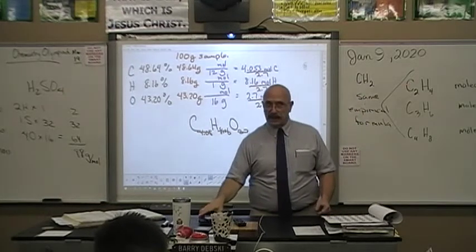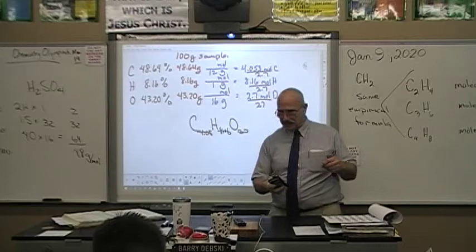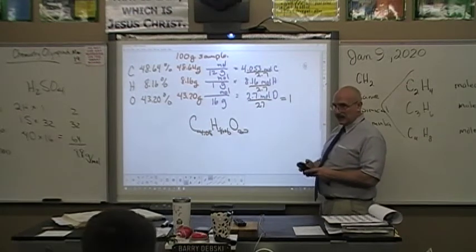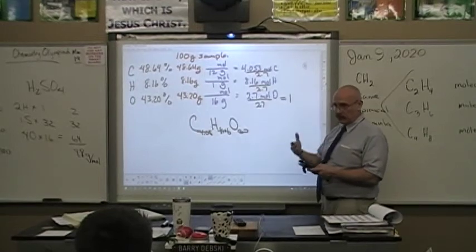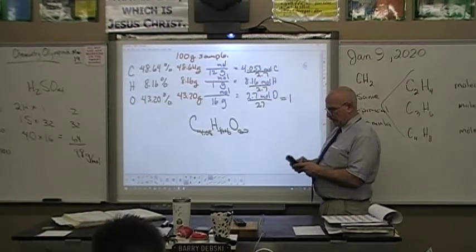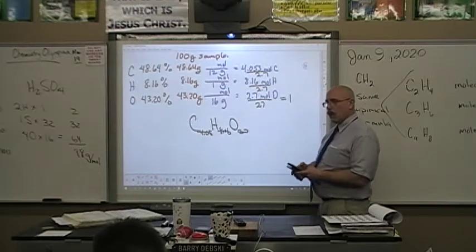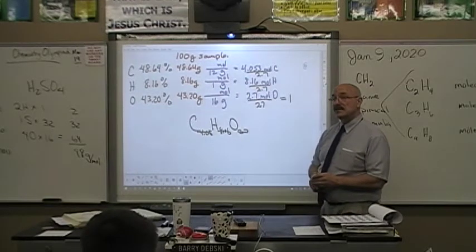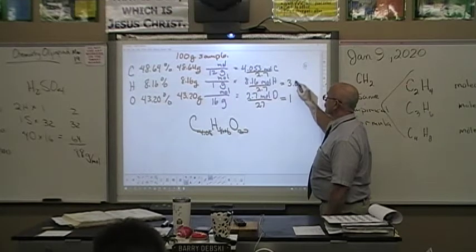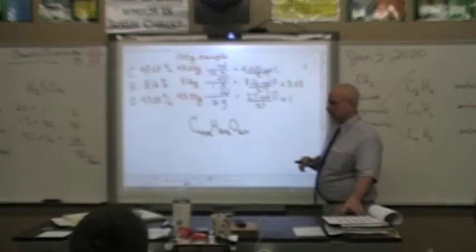Now, hopefully, in most of these cases, at least here in high school chemistry, we should see something happen here that sort of makes sense. So 8.16 divided by 2.7. Wow, that's 3.02. I'm going to write it like that for a second. I'll explain in a second, okay?